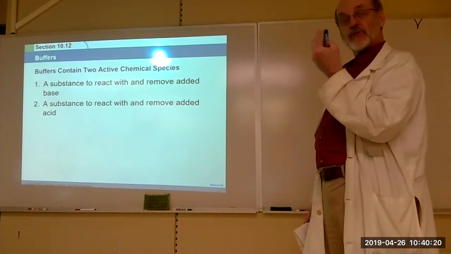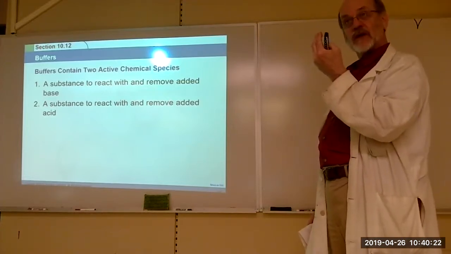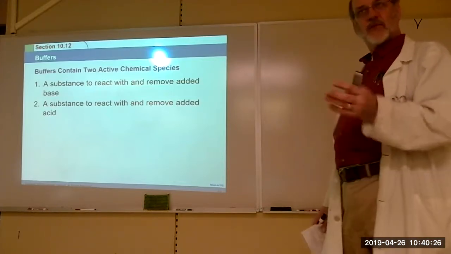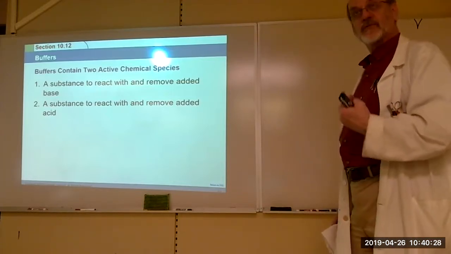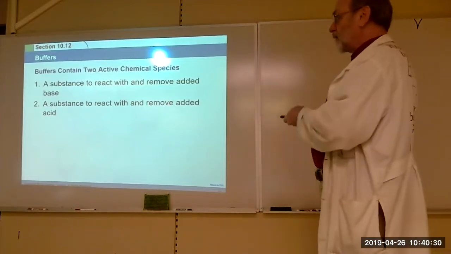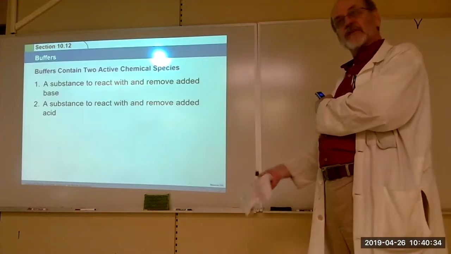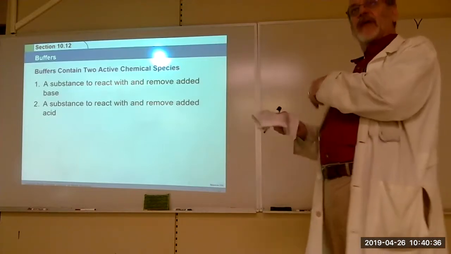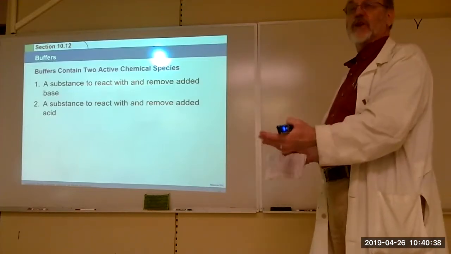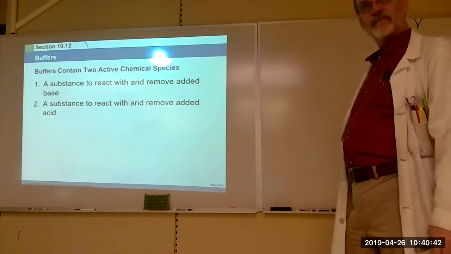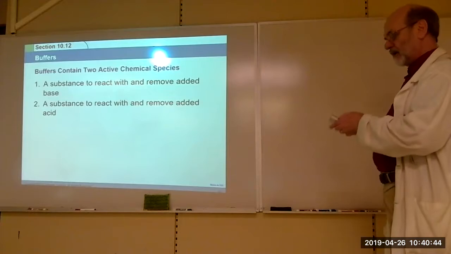It takes those protons or those hydroniums and puts them someplace else. It reacts with them. It removes them from solution. If you add base, another different species reacts with that base and effectively neutralizes its effect too. Okay? So you've got to have both.